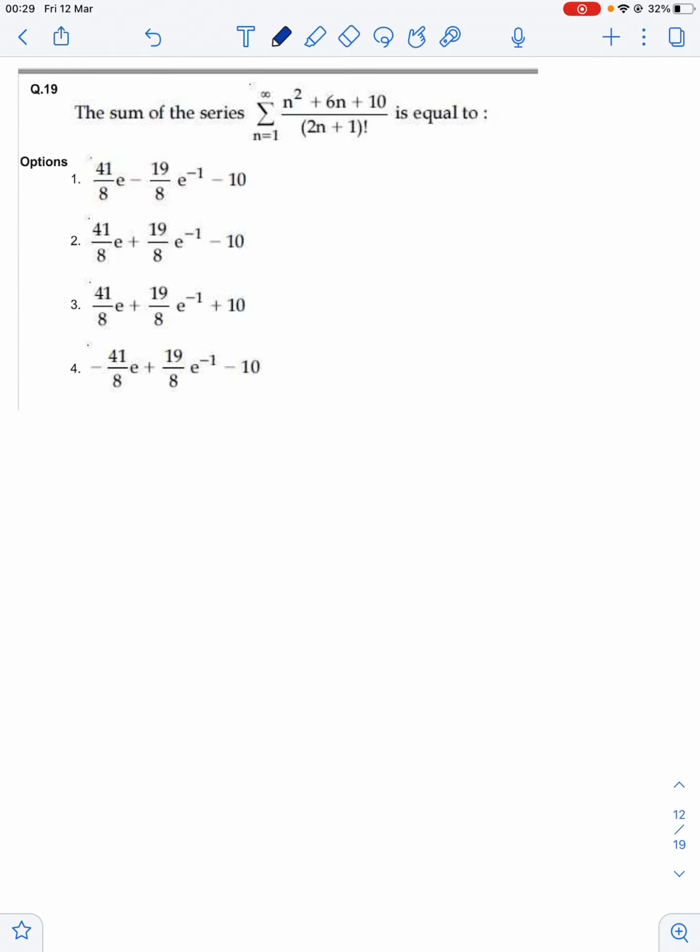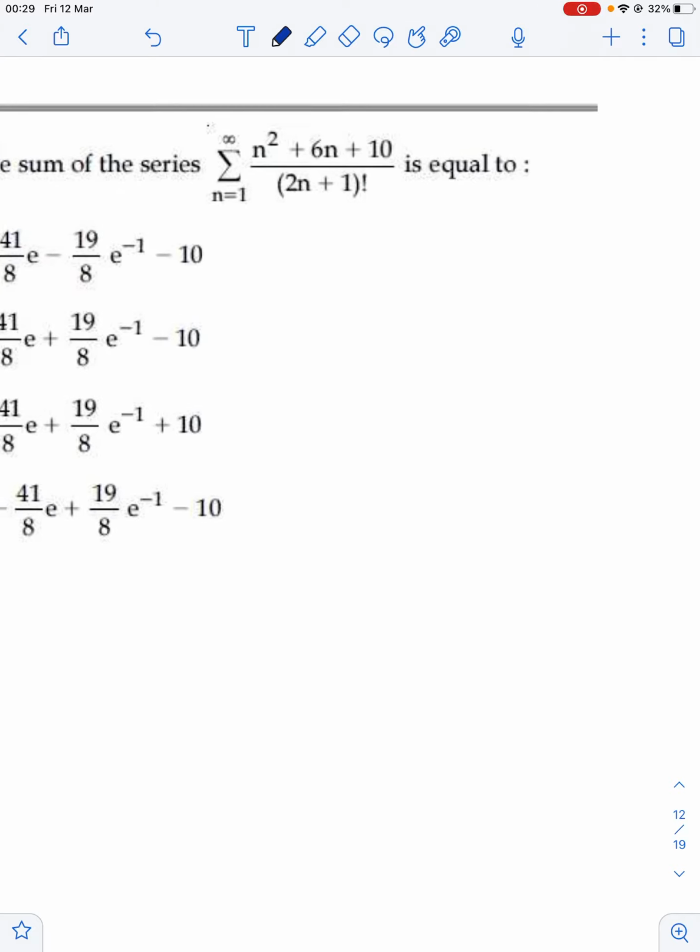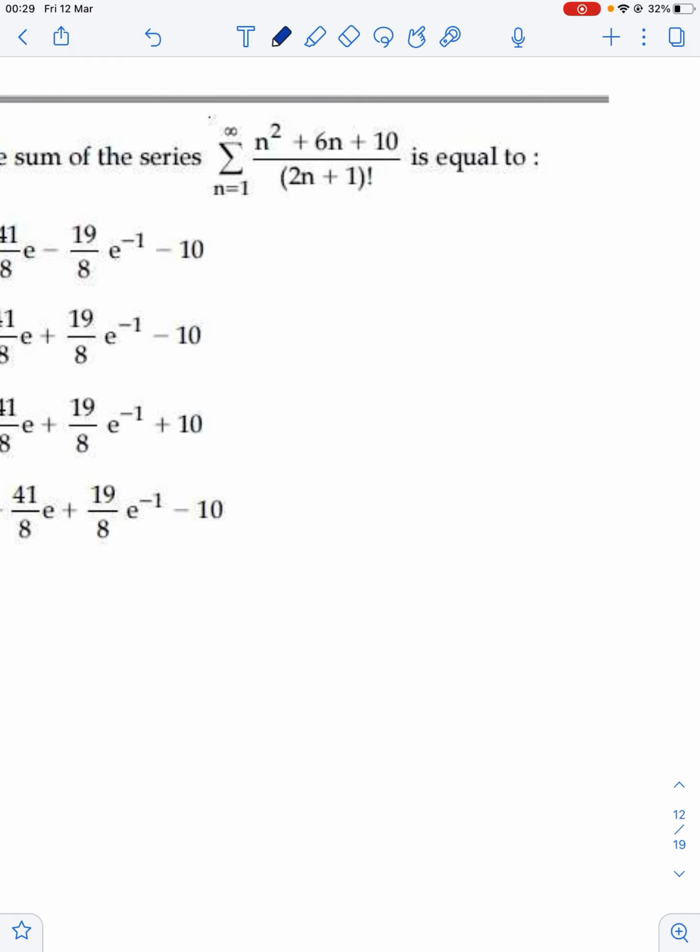Question number 19 is a very unique question, rarely asked in such tests. Now they have given a series of infinite terms. Let us say this is s. So s is given as sigma n equal to 1 to infinity, n square plus 6n plus 10 by 2n plus 1 factorial.